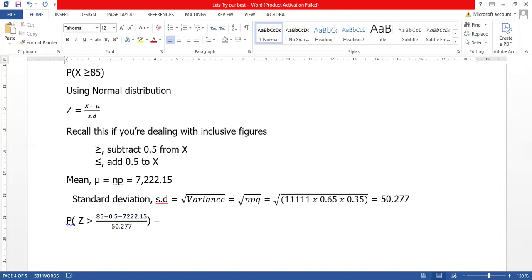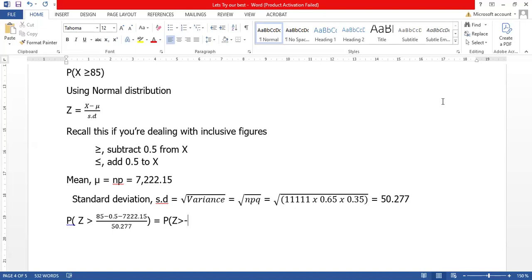This will be the probability of z less than negative what? You do everything on your calculator. You get open bracket 85 minus 0.5 minus 7222.15 close bracket over 50.277.